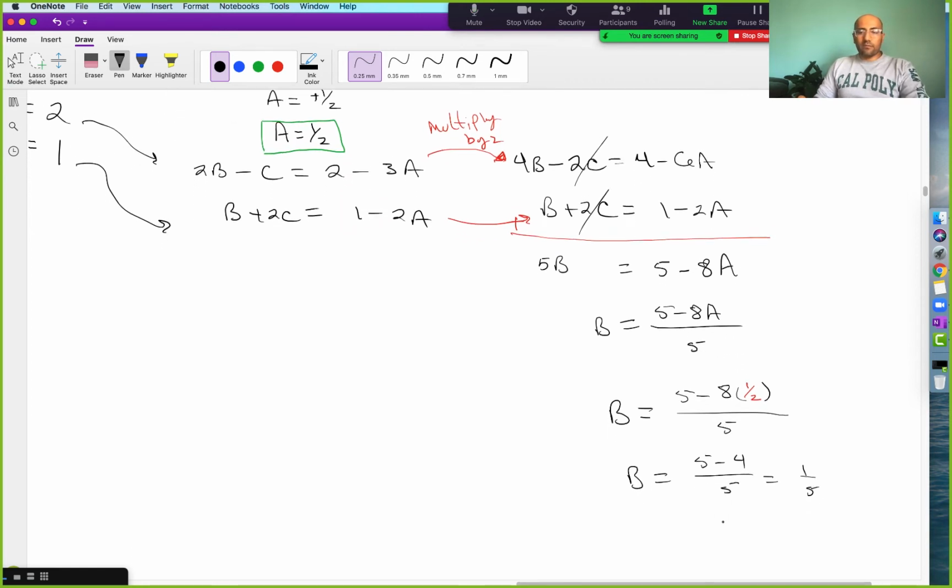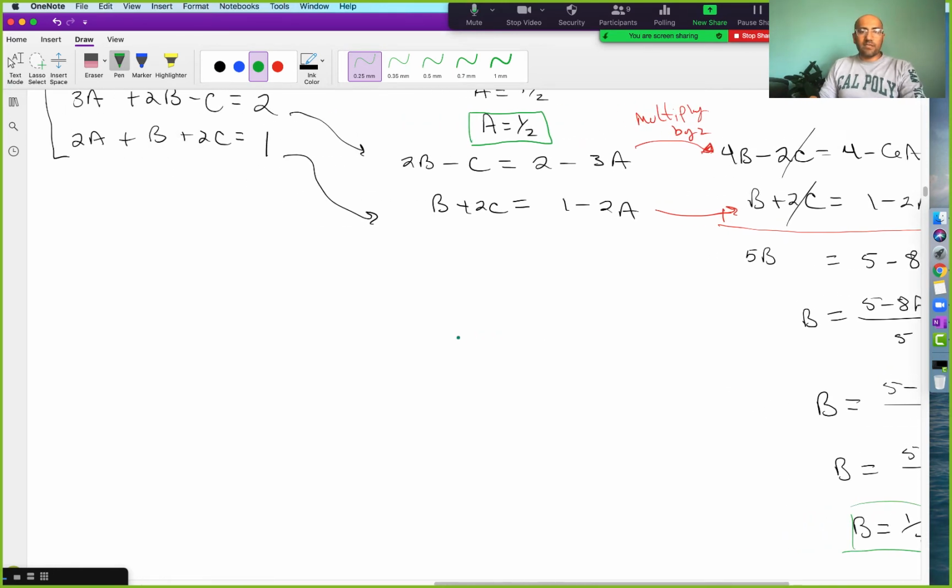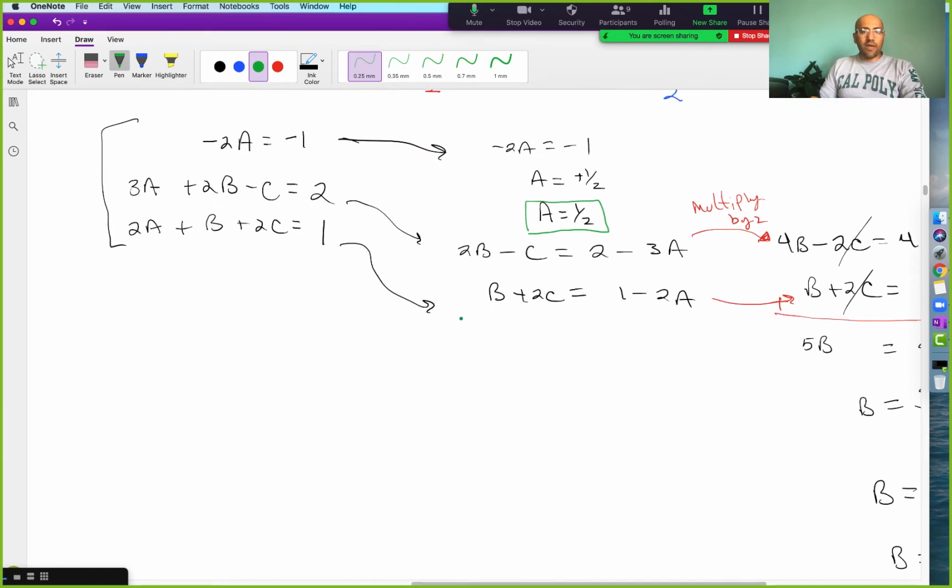Good. So we have two of them down. We have b equals 1/5, and a equals 1/2. Once we have those two, we can easily find the value of c. So let's go back to over here and use that one. We have 3a plus 2b minus c equals 2.